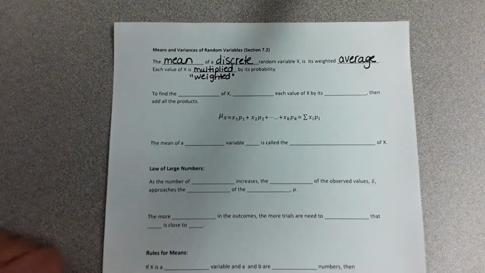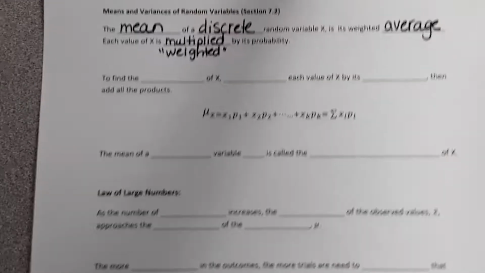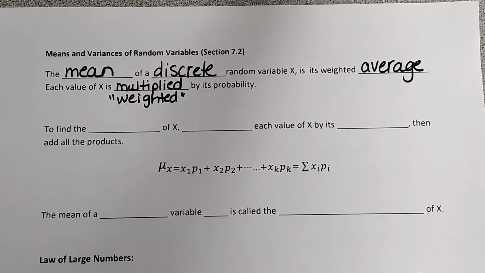You know what I'm talking about, because semester 1 is weighted: the probability, or weight, for quarter 1 is 0.4, quarter 2 is 0.4, and the exam is 0.2, right?